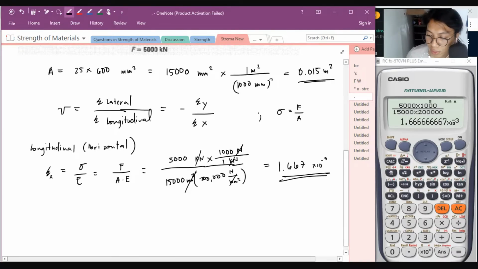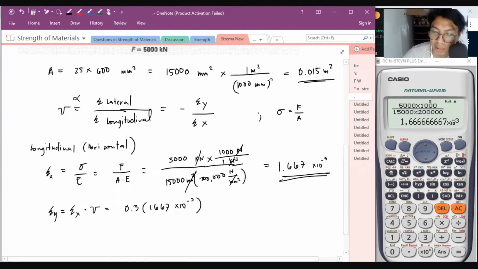So, the strain longitudinally. Eh, yung EY. Yung EY natin, makukuha natin dito sa Poisson ratio. Diba? Diyan, negative. So, EY will be, tignan nyo ito, cross-multiply mo ito. Ayan o, EY is, ito, itong dalawa. So, EX multiplied to Poisson ratio. O, this 0.3 times 1.667 times 10 to the negative 3.